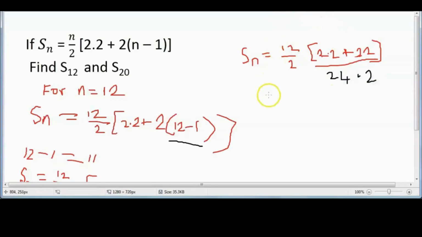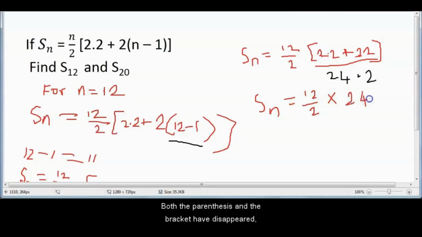So we have S subscript n is equal to 12 over 2 multiplied by 24.2. Both the parentheses and the bracket have disappeared, being replaced by 24.2.